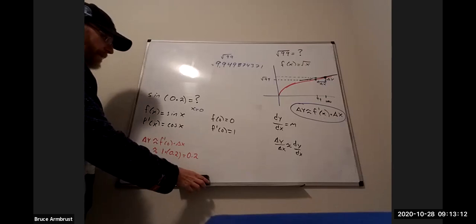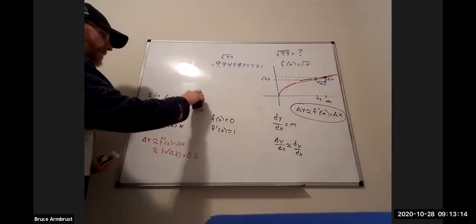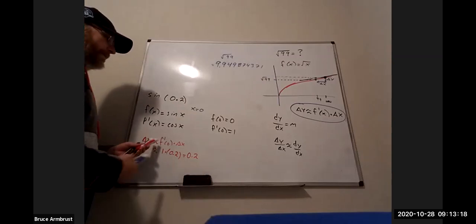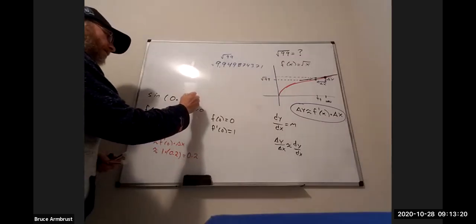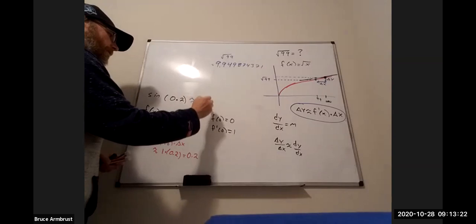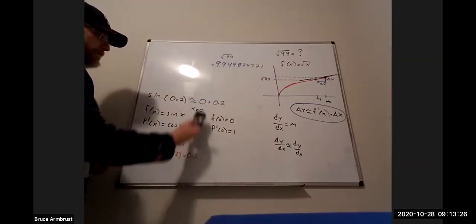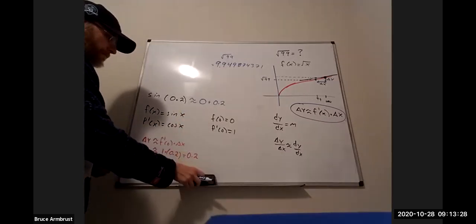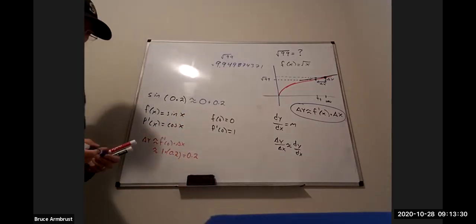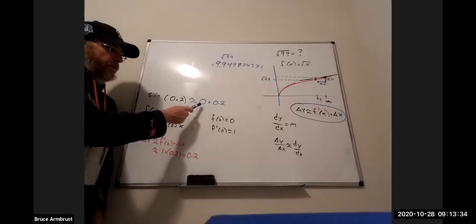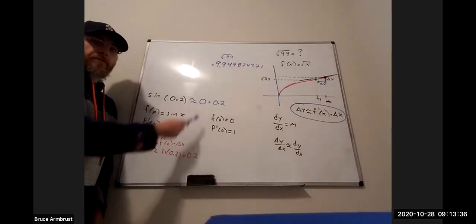So that tells me that the sine of 0.2 is going to be approximately equal to 0 plus 0.2. So the 0.2 is what we just calculated. And where did the 0 come from?